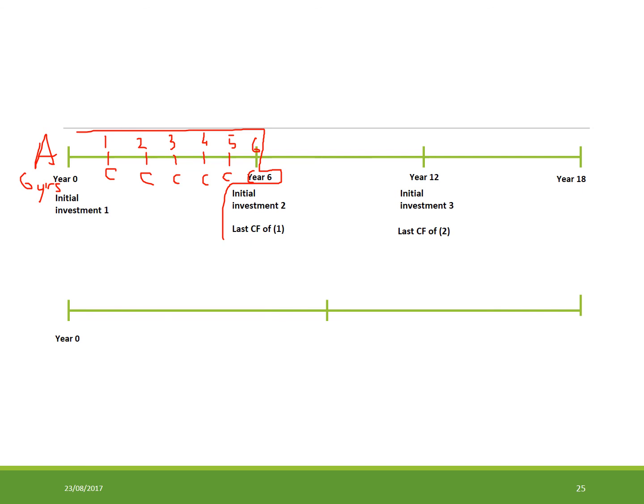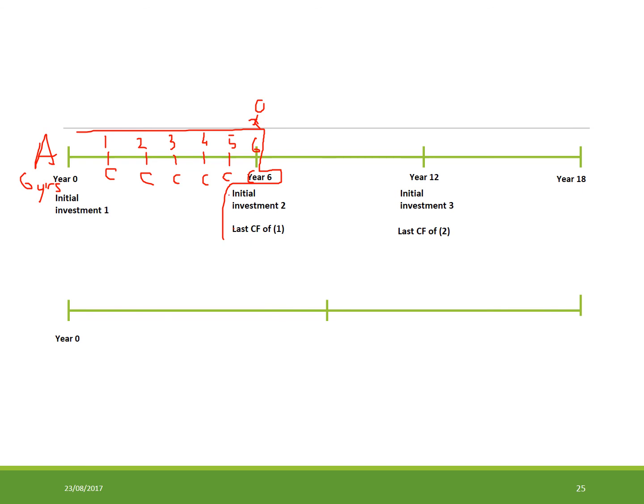So if we were to continue, if we were to repeat project A 3 times, this is the first time, yeah? Then at the end of year 6, this is when we have to replace project A with an identical project, yeah? So when we approach the end of year 6, we once again invest in the same project.